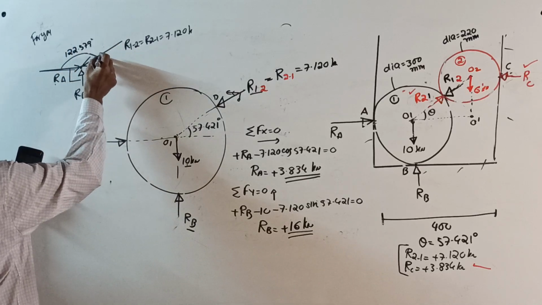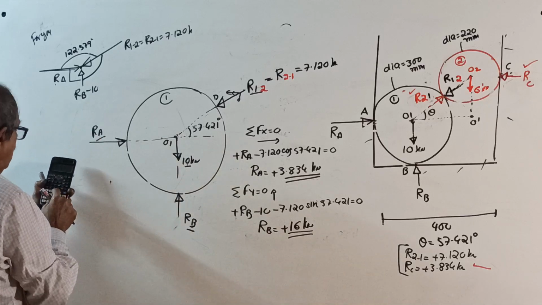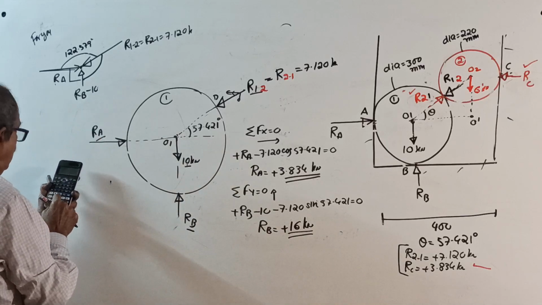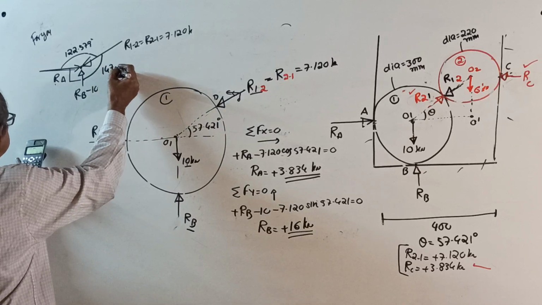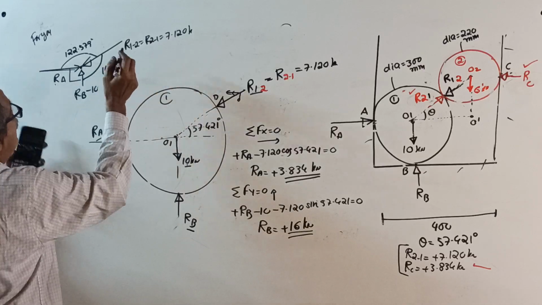This angle is 90 plus theta. 90 plus 57.421 is 147.421 degrees. Right?